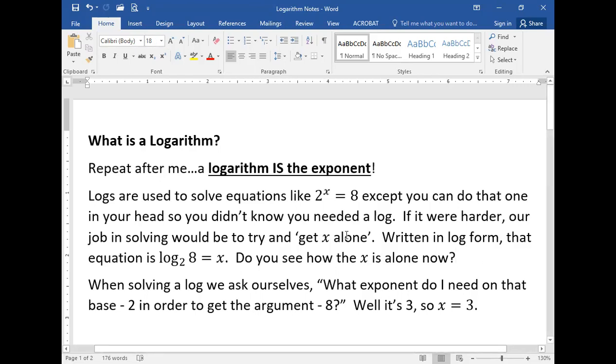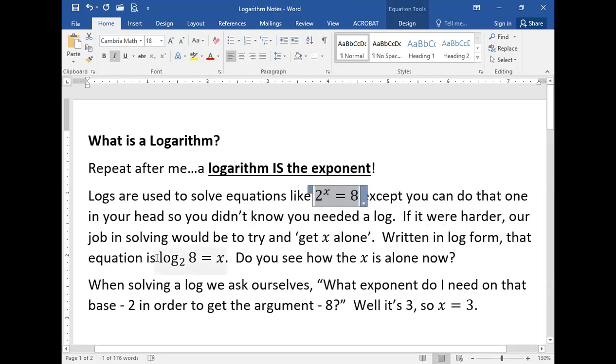Okay, so you know how when we're solving, we're trying to get x alone, this part right here, we want to get x alone. When you rewrite this in its log form, which is this guy right here, do you see how that x is by itself now? So these two equations are asking the same exact thing. What is x? And x happens to be that exponent that I need to put on a 2 in order to get 8.